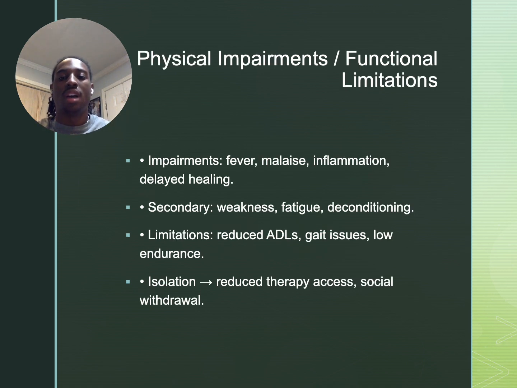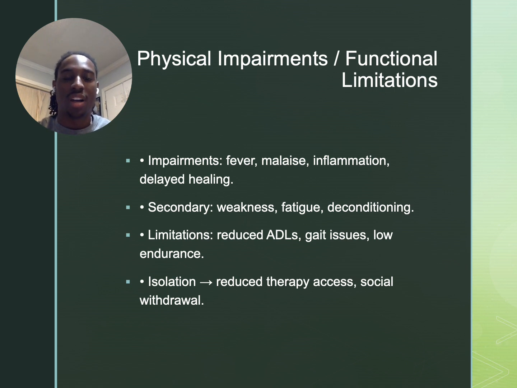Patients with VRE often experience a combination of impairments that depend on where the infection is located. Common symptoms include fever, pain, inflammation, or delayed wound healing. However, many of the functional issues we see are secondary to other things.